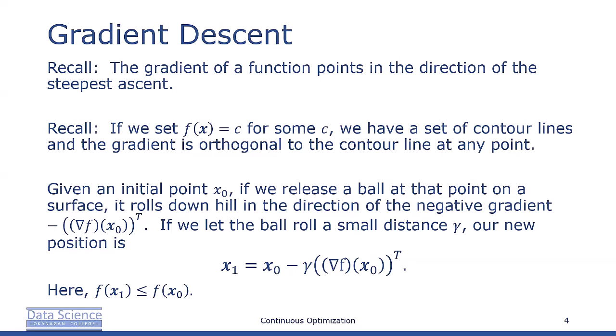So if we let the ball roll down a small distance gamma, our new position x1 is x1 = x0 - gamma times the gradient of f at x0, transposed. And if we do this, f(x1) is going to be less than or equal to f(x0).